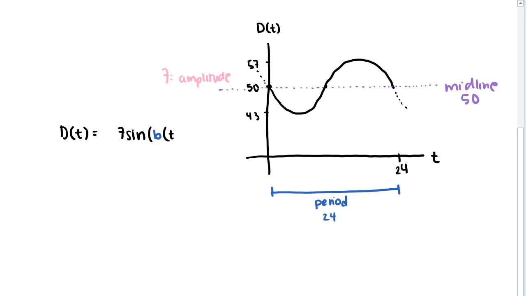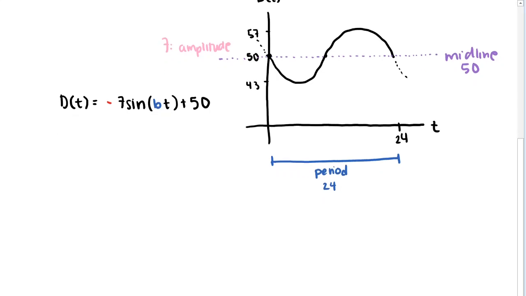There's actually no shift left or right, so I'll just write times t without any extra parentheses, plus 50. Another thing we notice, like in our previous example, is that this function goes down first and then back up. So this would be negative 7 times sine of b times t plus 50. Our typical sine functions go up first and then down, so this looks like a reflection of a sine function.